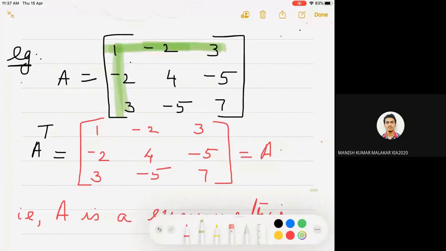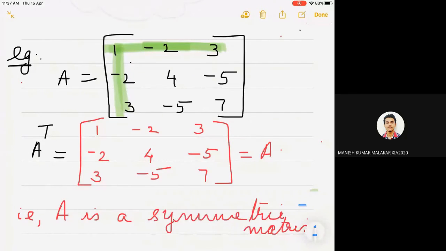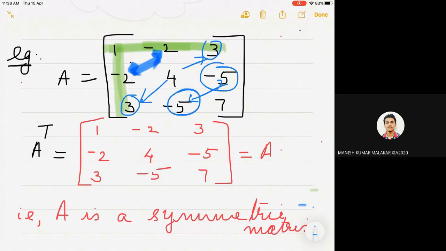Or in other words, you have another clue: if you take minus 2, minus 2, and here 3, 3, here minus 5, same elements are coming.